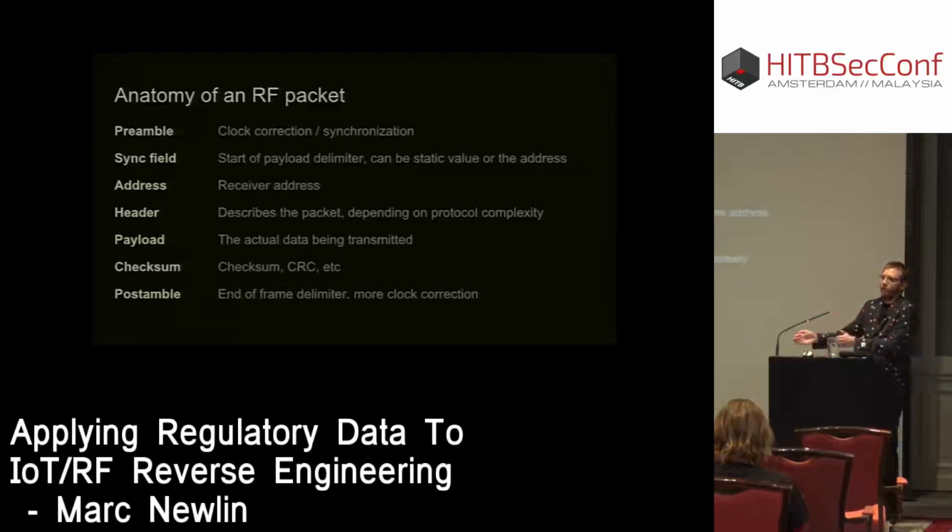That might be just the raw payload, or it might be the payload that has been encoded with some channel coding and redundancy. That's hit or miss if you don't know what the protocol is. You'll frequently have a checksum at the end, so you can know if the correct data was received. And then you also might have a postamble. The postamble is for additional time and frequency correction. So you can compare the preamble to the postamble, see what changed, and further refine the clock state of the transmitter.